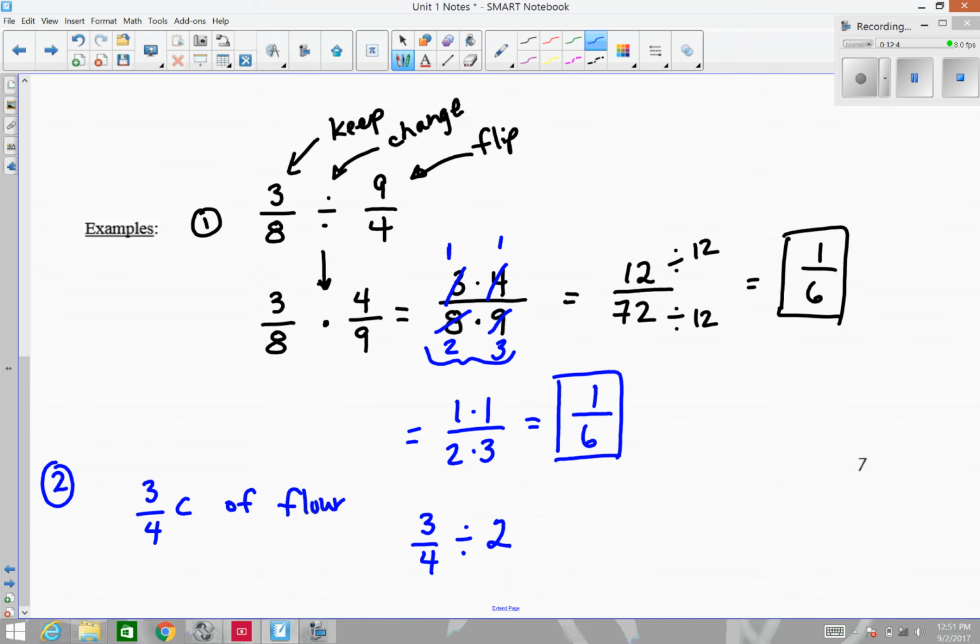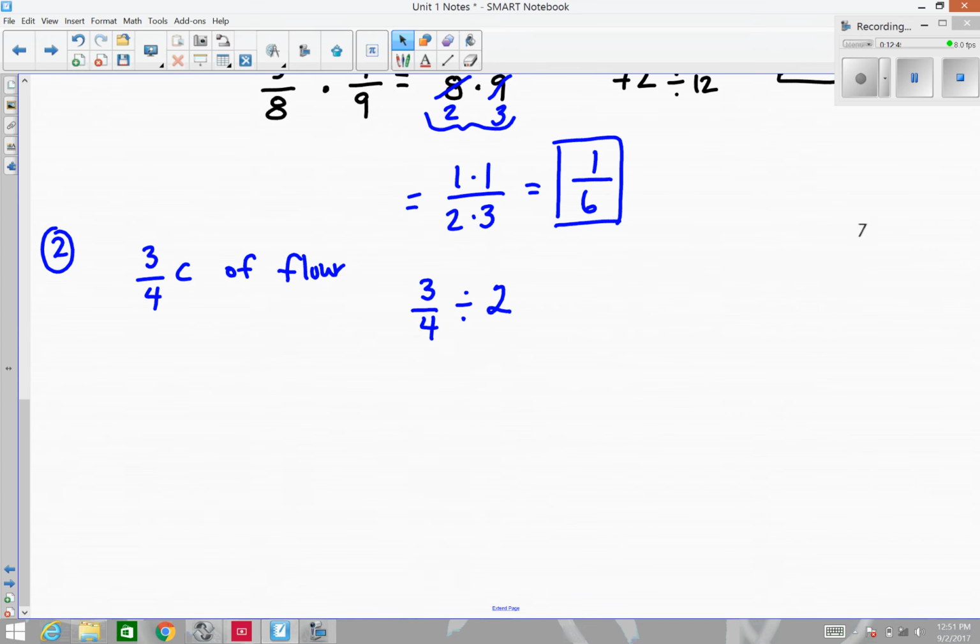If I follow my rule, I'm going to do a keep, change, flip. So I'm going to keep the 3/4 and change my division to multiplication. So here I'm keeping my 3/4. Change that division to multiplication.